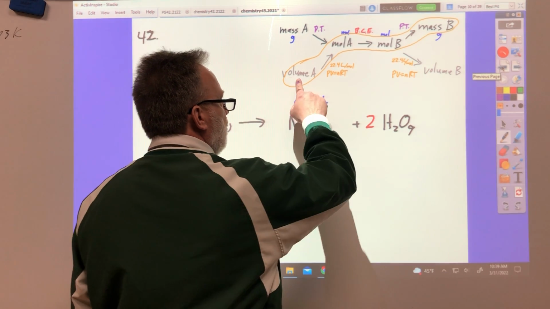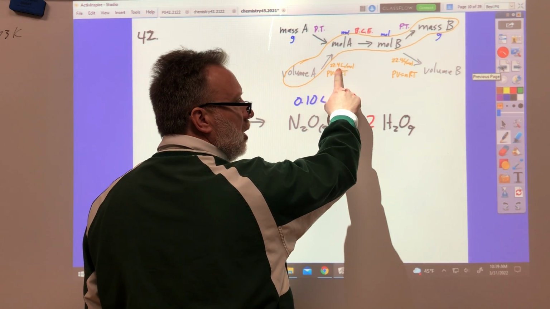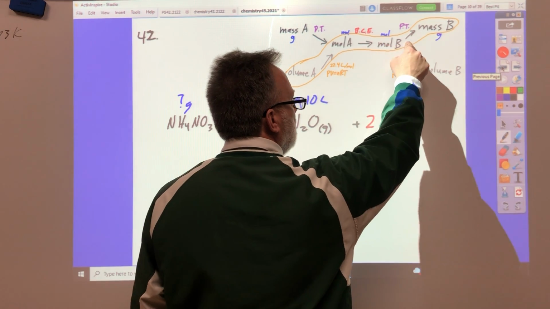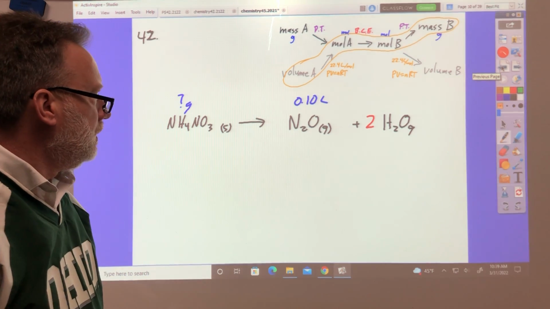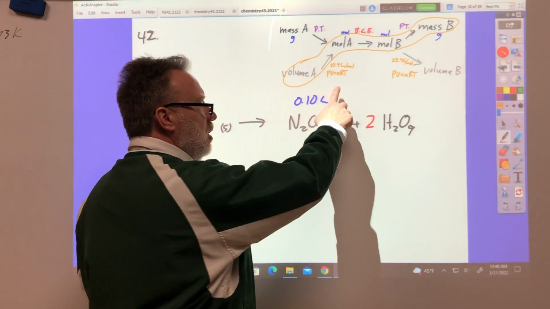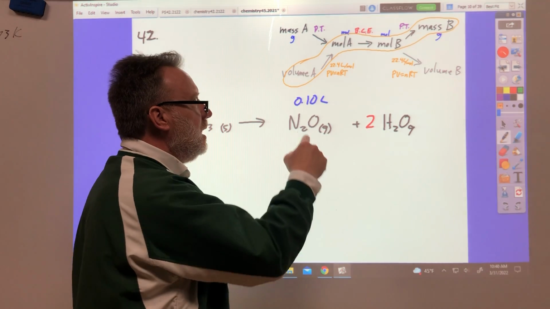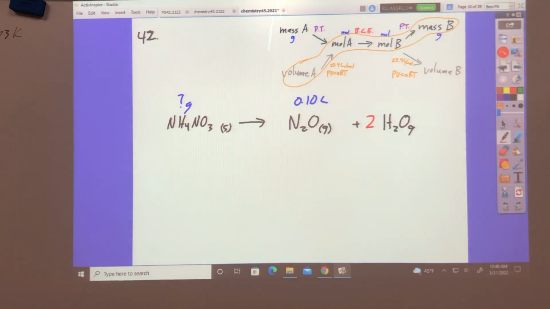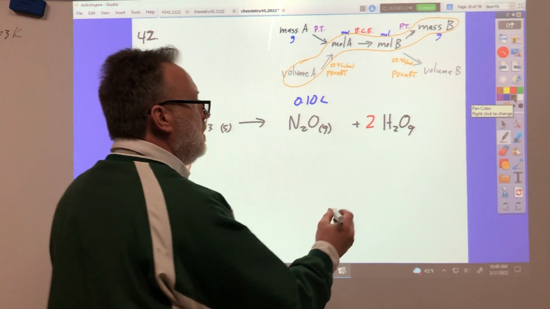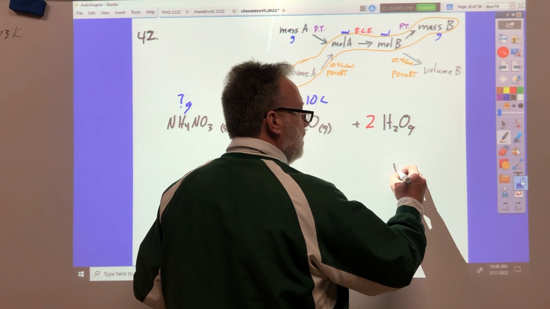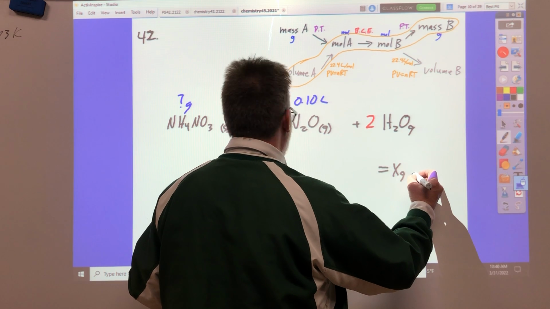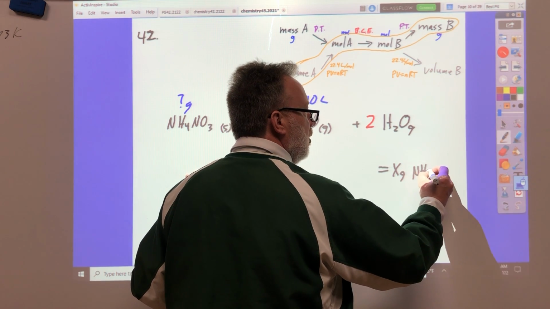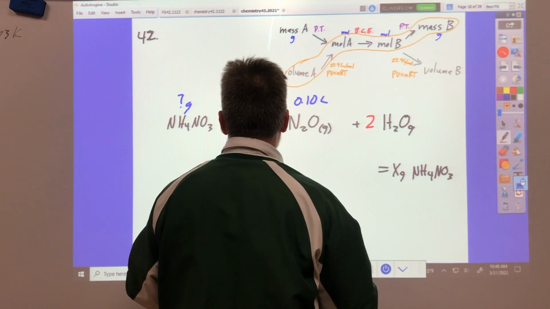We're going volume to moles with 22.4 liters at STP to moles to mass. Okay, since they don't give you the conditions, you could put STP and PV equals nRT and get it and jump directly to there. But I'm going to do the whole thing. So we are looking for, if you write them like I do, X grams equals X grams NH4NO3.